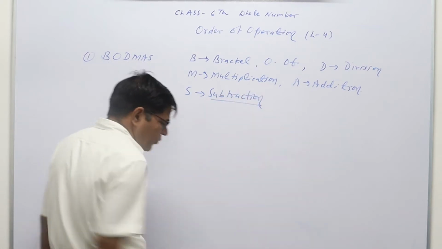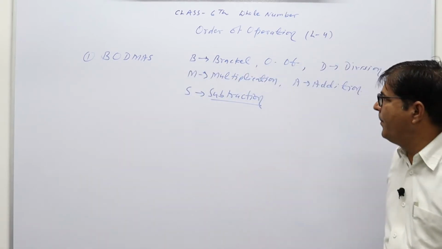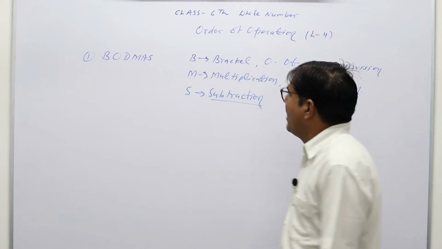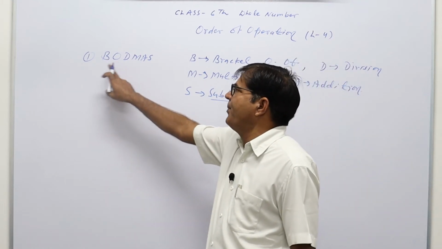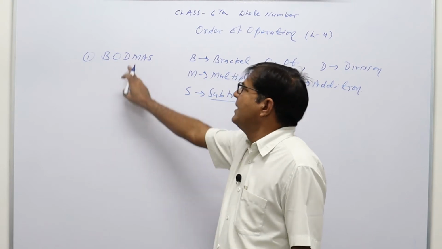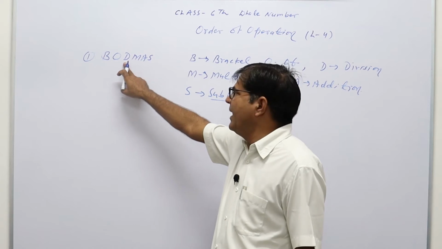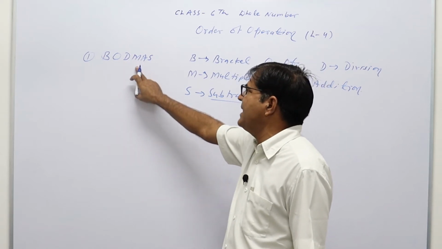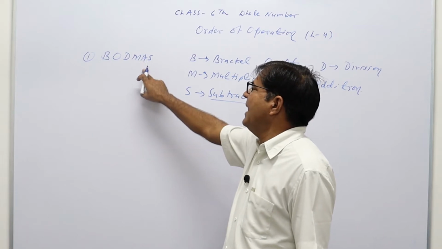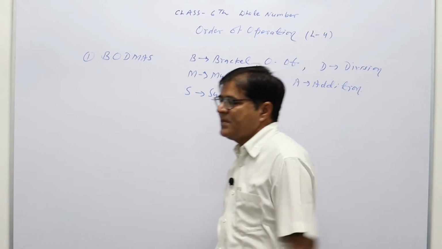So if we have to solve any expression, first of all we will remove the bracket, then in the next order we will do the division, then the multiplication, then addition, and at the end we will do the subtraction.